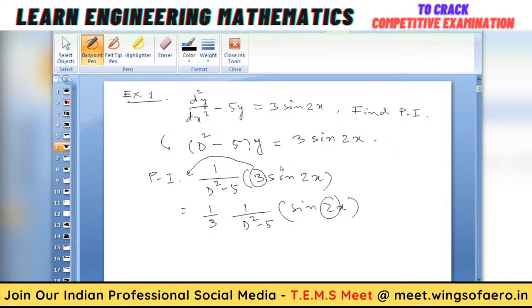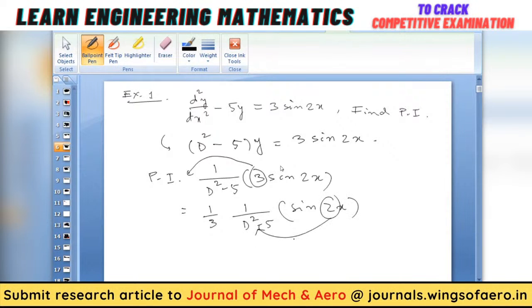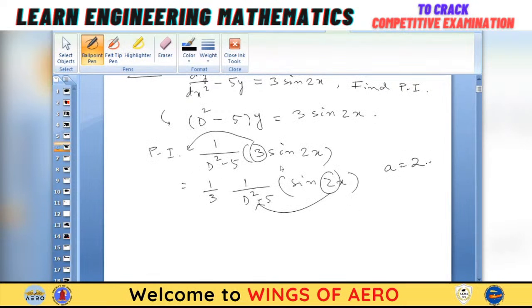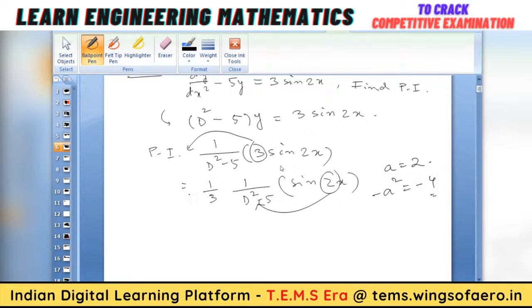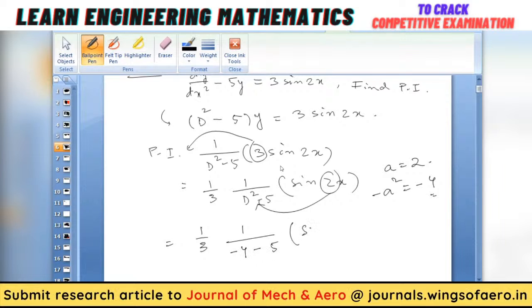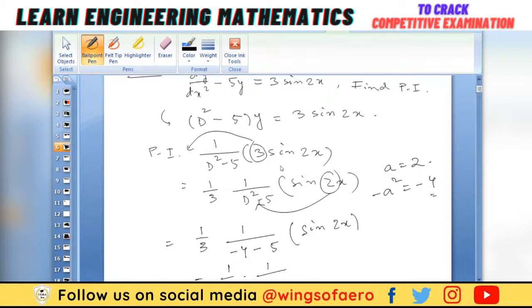So simply put 2 here. d square is equal to, look at this, what is the formula? Minus a square. So a is equal to what? a is equal to 2. Minus a square equals minus 4. So we will put here 1/3 into 1 by (minus 4 minus 5) of sin 2x, which is 1/3 into 1 by minus 9 of sin 2x.